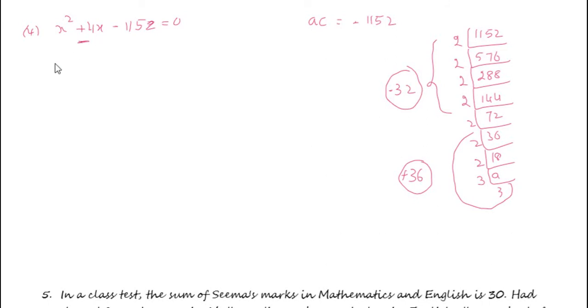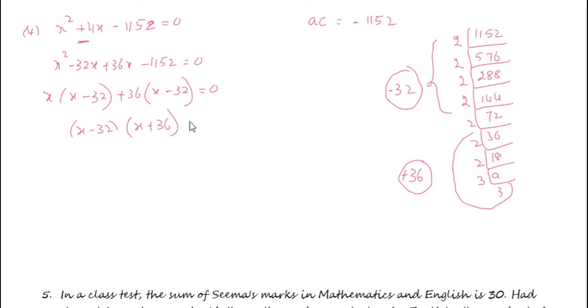Now the middle term we are splitting like this, x square minus 32x plus 36x minus 1152. Take x out, x minus 32, plus take 36 out, x minus, we know 1152 is product of 32 and 36. So if you take 36 out, what is remaining is 32, equal to 0. Take x minus 32 out and what is remaining is x plus 36, that is equal to 0.